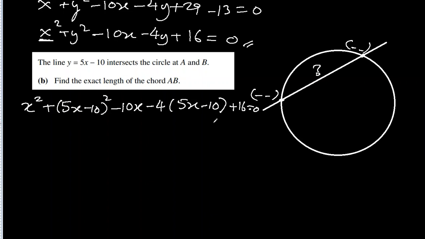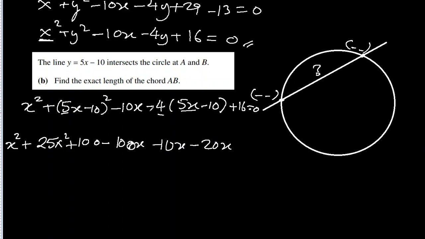So we are left with only one variable x here, and let's open the brackets. X square plus, again (a minus b) whole square, we'll open it up, so it will become 25x square plus 100 minus 2 times 5 is 10 times 10 is 100x, minus 10x, minus 4 times 5x will be 20x, minus 4 times minus 10 will be plus 40 plus 16 equal to 0.